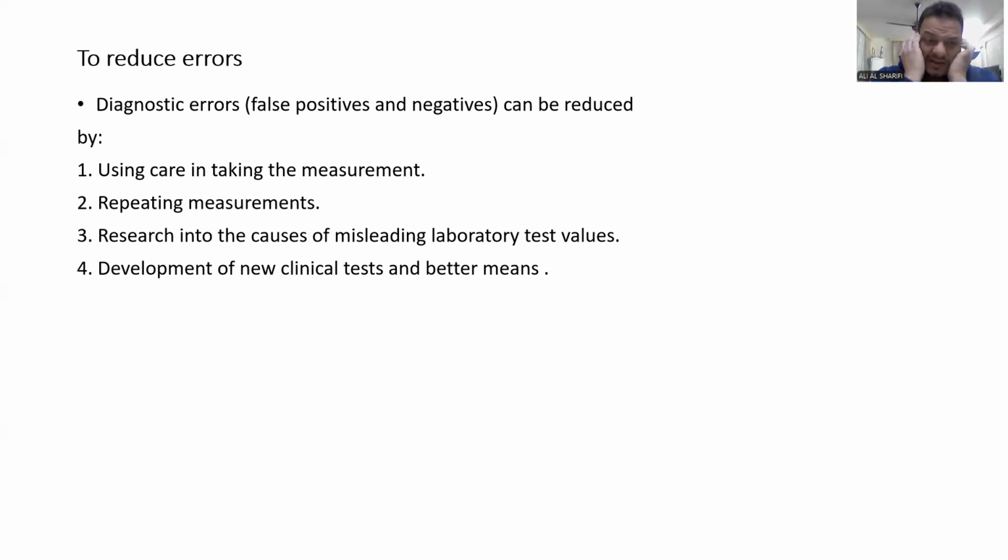Like I said before, it's an important category. By developing it, we can save many patients' lives.